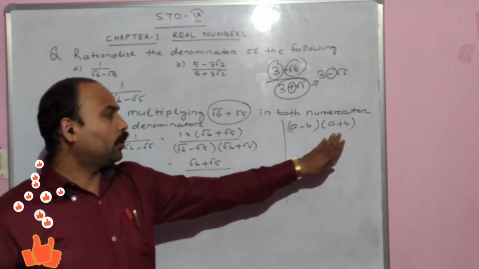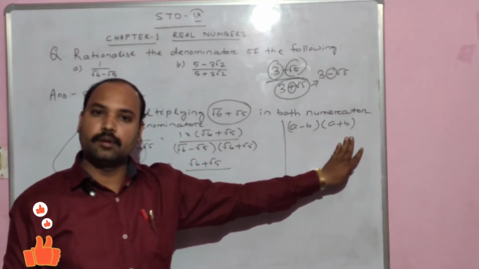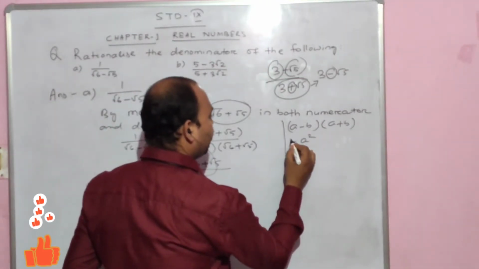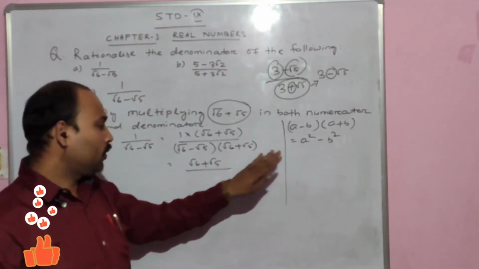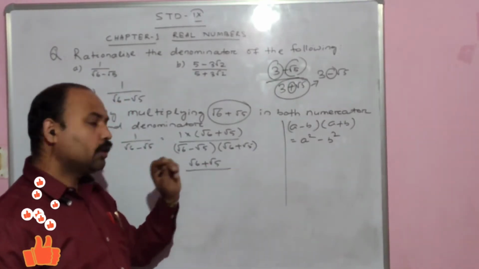So a minus b into a plus b is the formula of a square minus b square. Here in the place of a, we have root 6, and in place of b, it is root 5.